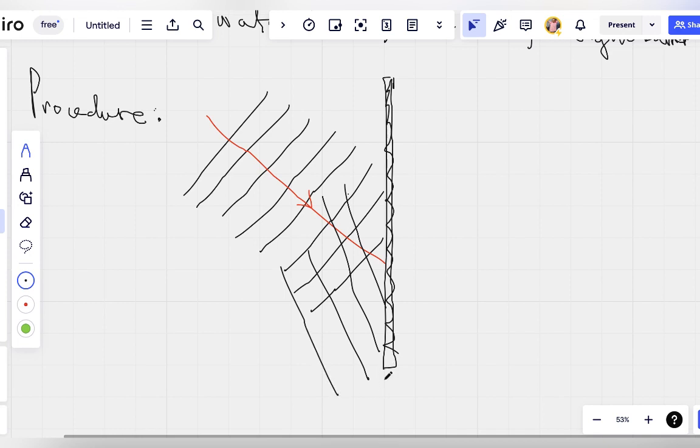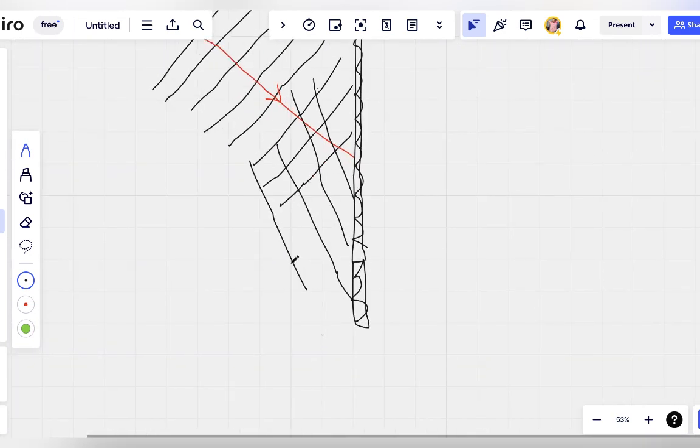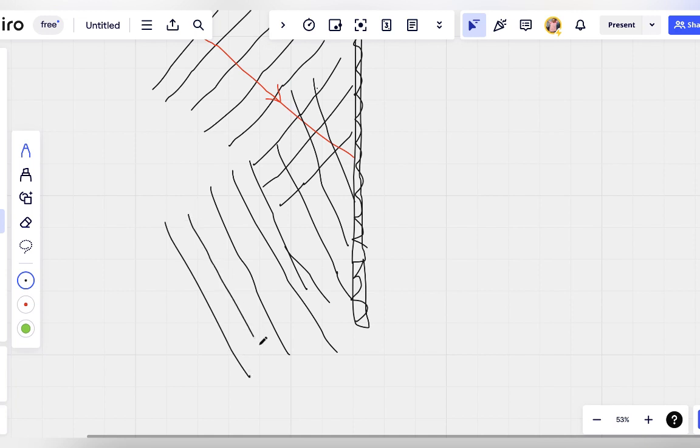We're going to extend the barrier a little bit. So this will happen. Here we have the normal. First, let's signify the normal. Here's the normal line.